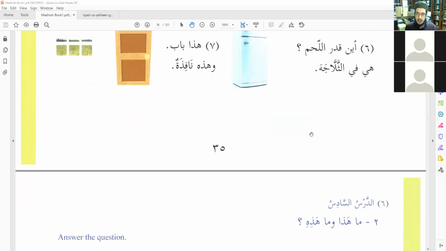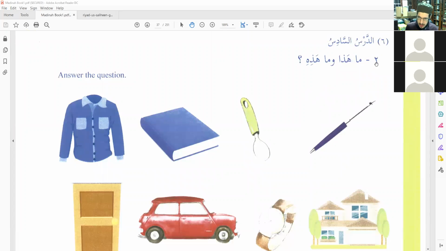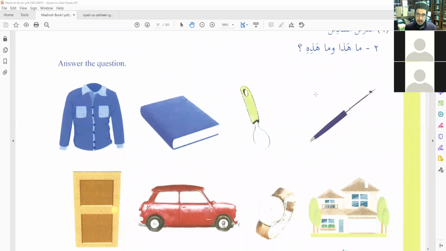So what they're going to have you do here, they say exercise 2, ma hadha wa ma hadhihi. So you're going to have to now recall not simply the name of the object in front of you, but the gender of the object in front of you, right?